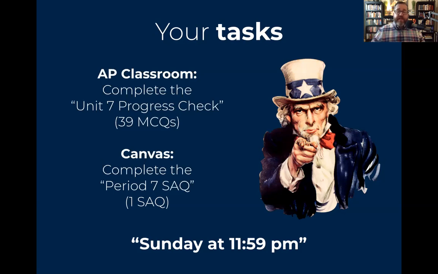But once you have these items complete, I will have a portfolio of products from you, and then I can apply the appropriate grades throughout the grade book. Sunday at 11:59. If you can't make that deadline, no stress, no worry. Just let me know, message me on Remind, send me an email, and I'll be able to manipulate that due date to meet your schedule.